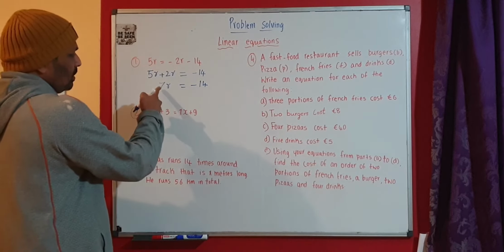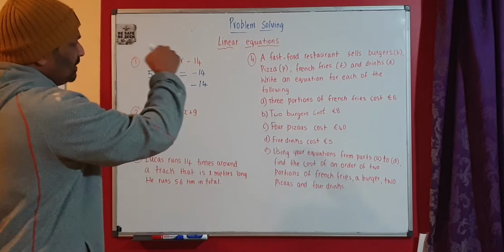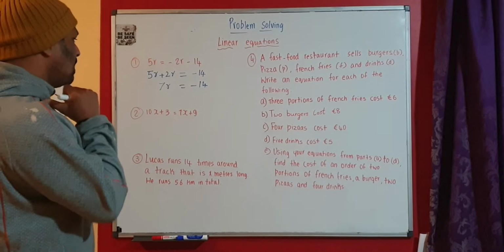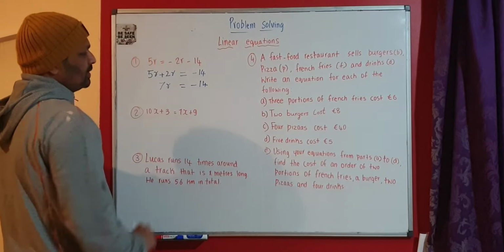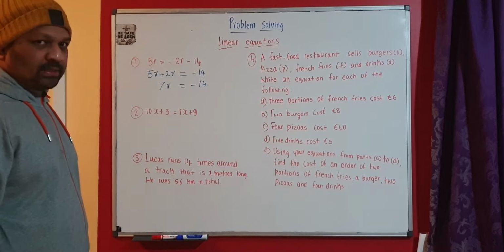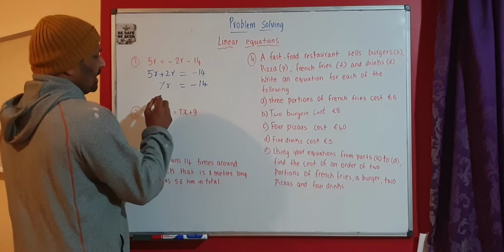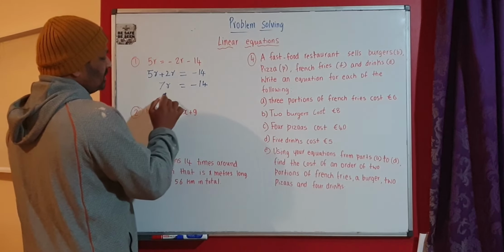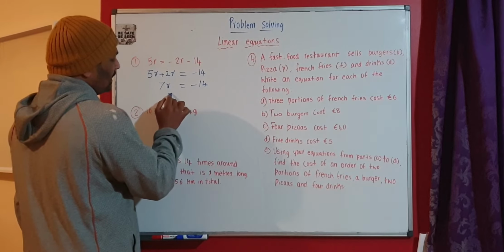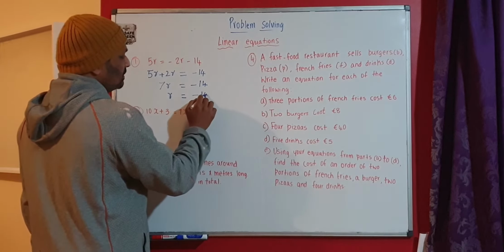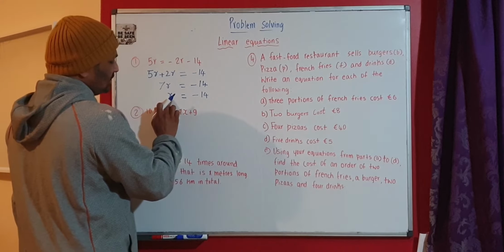What is the purpose of solving this linear equation? All that you have to do is to find out the value of r. We know 7r is equal to minus 14, but that is not what has been asked. We need to find out the value of r, isn't it? So 7r is minus 14. If you want to find the value of r, then r is on the left side, still as it is.